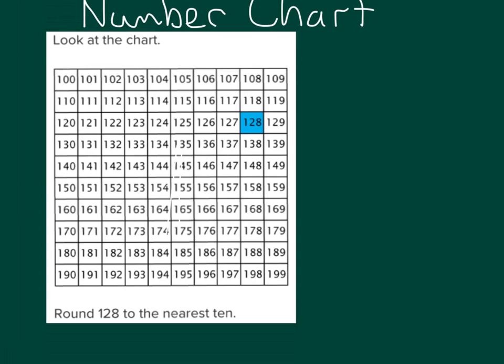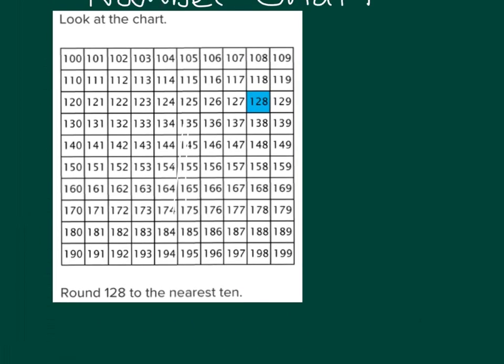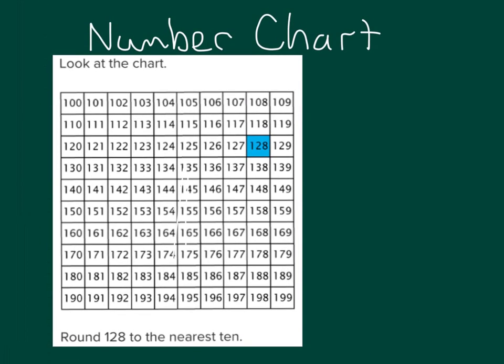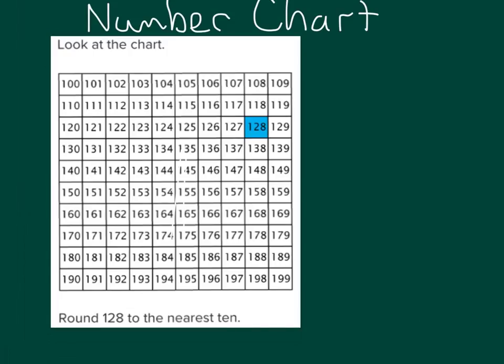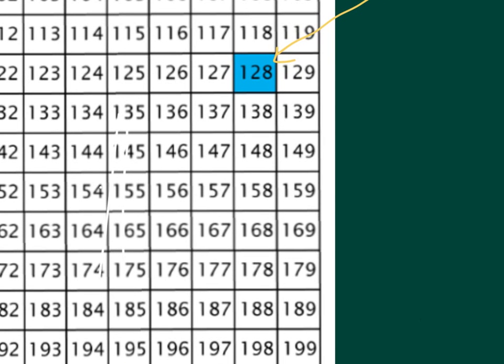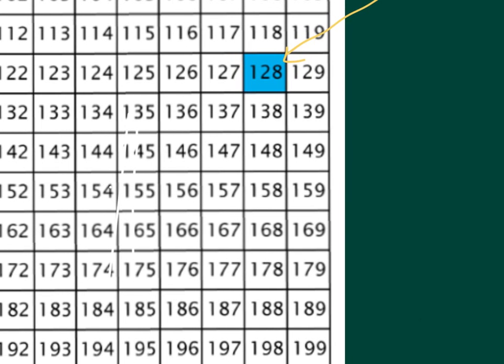And last question. If you're looking at a number chart, this is how you would round a number. Round 128 to the nearest 10. 128 is marked. The tens place is the 2, which is worth 20.